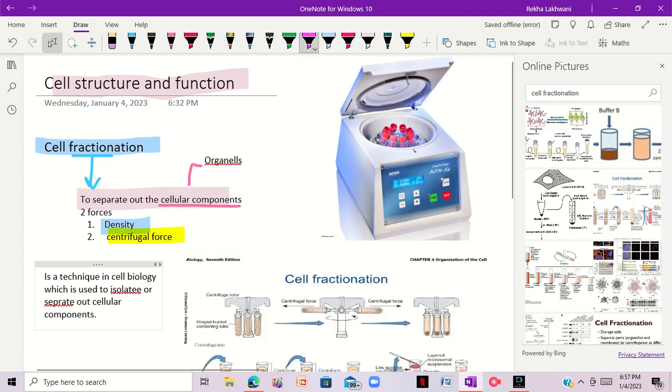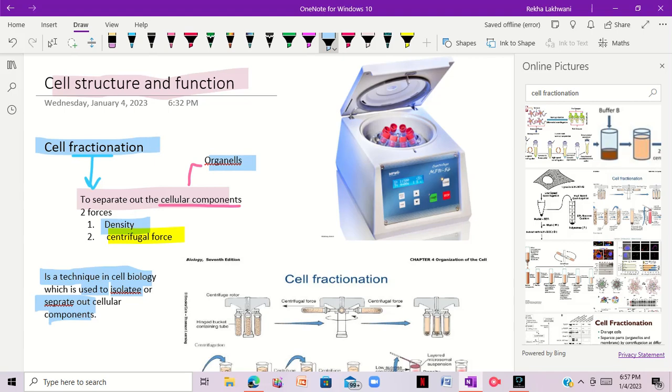Cell fractionation is a technique in cell biology in which we isolate or separate out cellular components. So cellular components means these organelles basically.